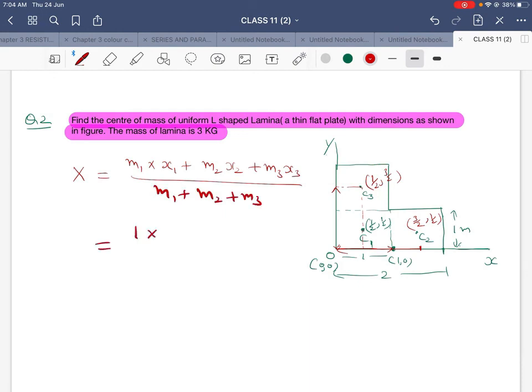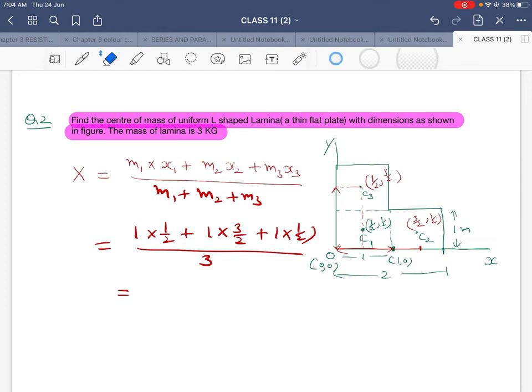It is equal to mass 1 and x1, the coordinate of C1, is 1 by 2, plus mass again 1 and x2, the coordinate of C2, that is 3 by 2, plus again mass 1 and coordinate 1 by 2, and the total mass is equal to 3 kg. After solving we get 5/6 meter.